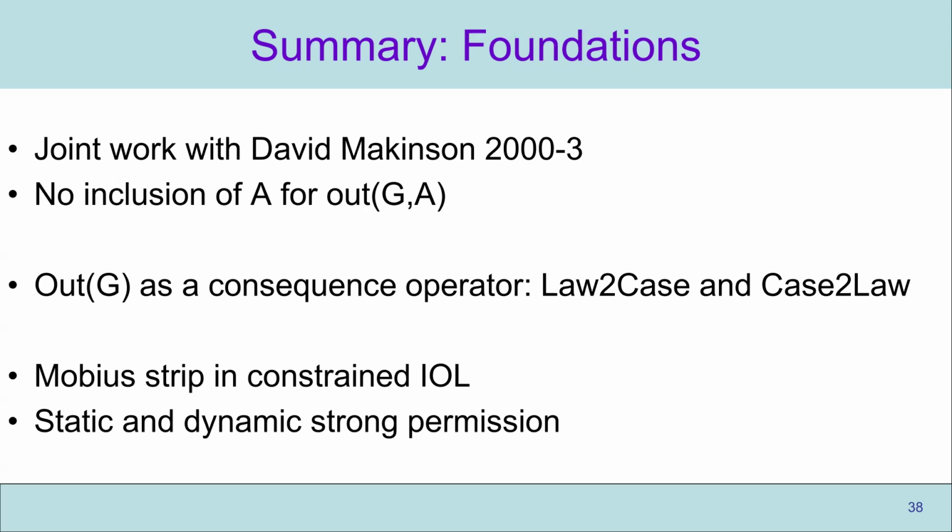And in practical reasoning, I called my group individual and collective reasoning 20 years ago. We always have this dichotomy between individual and collective. We see this in particular in normative reasoning, and of course also in argumentation, the topic that we talked about. So that's what we do. We had this idea in 2000, law to case and case to law, which turned out to work really well.